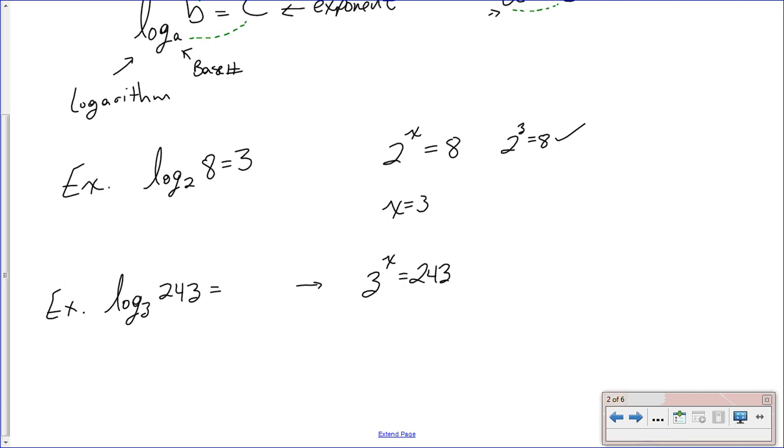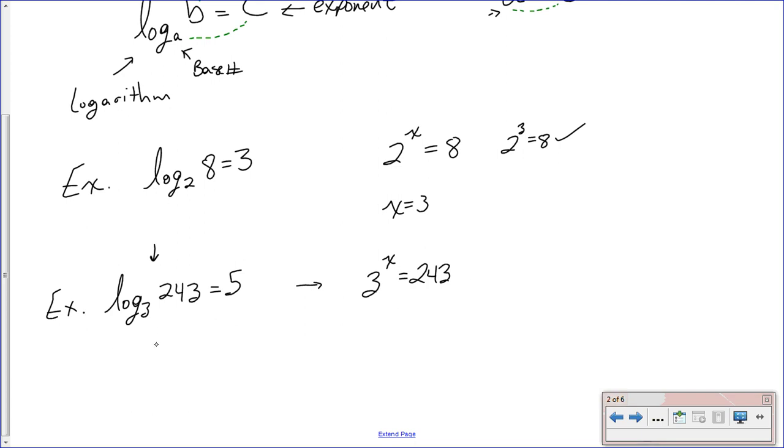You could use your calculator and try to figure this out, or I'm going to show you later how to actually type this into a calculator. But for now, 3 raised to what power is 243? Hopefully you said 5. But that's the question you ask: 3 raised to what power?